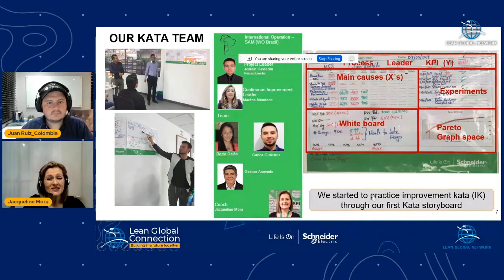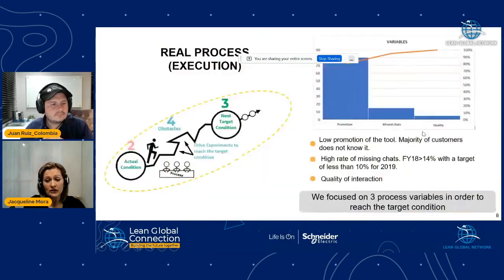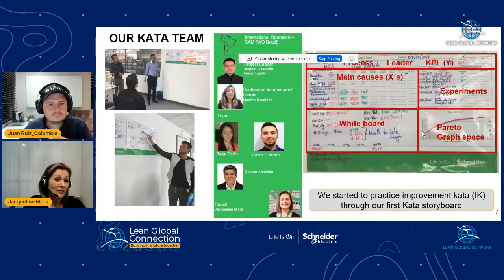So we started to practice improvement kata through this first kata storyboard, and took advantage of the period, because before the pandemic, the deployment was more practical, since we worked in a physical, in-person way.